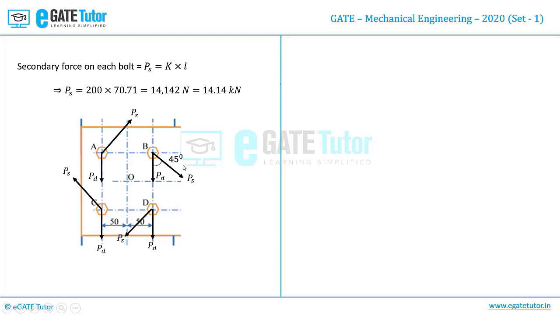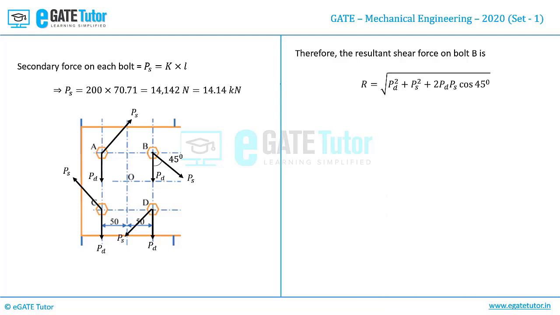Since now we know the values of PS and PD, and the angle is 45 degrees, because distances are 50 and 50, so taking tan of that will give us 45. Let us calculate the resultant shear force on bolt B. That can be calculated using the parallelogram law of forces, where the resultant force is equal to the square root of PD squared plus PS squared plus 2 PD PS cos 45.